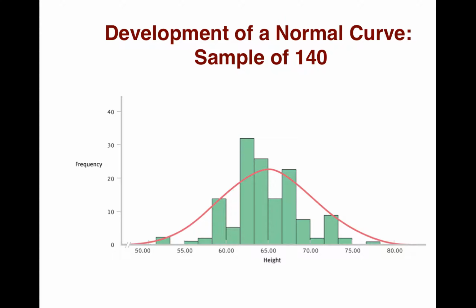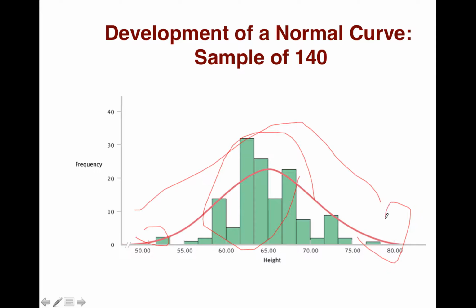And so, as we add larger and larger samples, the distribution will slowly become more of that idealized curve, where you get lots and lots of people clustering in the middle and very few people on the outside. So this gives you that idea of it being one hump overall, with only a couple people on the outsides, and it's fairly symmetric in the middle, where we have half of the scores on one side and half of the scores on the other side.